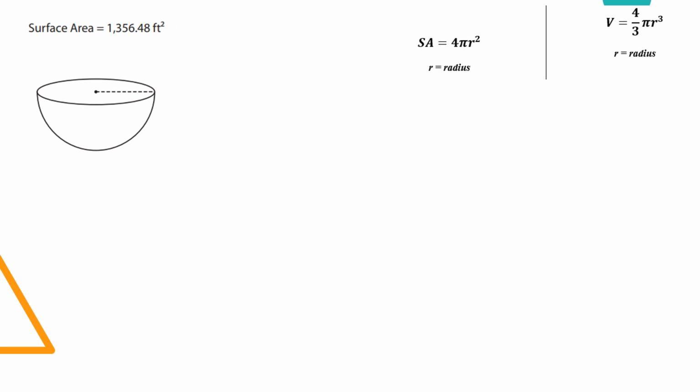Now we'll take a look at the surface area one, and again, we don't need to use the volume. This is a hemisphere, so we need to do over 2. The surface area that they give us is 1,356.48. There is no pi there.